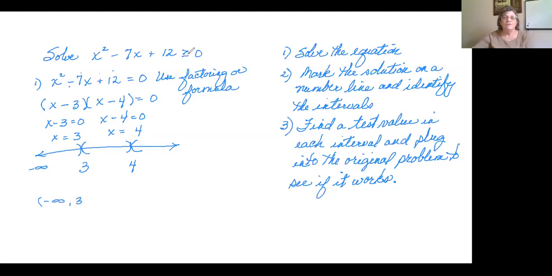And since the original problem has the equals, I'm going to put a bracket on here. And then I've got the interval from 3 to 4. Again with brackets, because these could actually be solutions. And then I've got the interval from 4 to positive infinity.